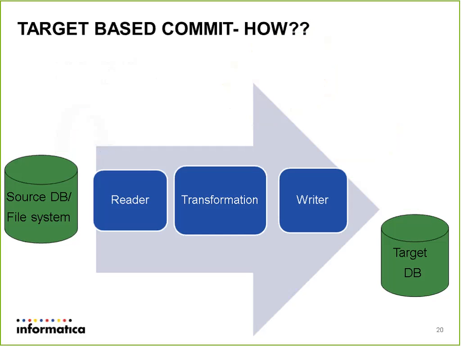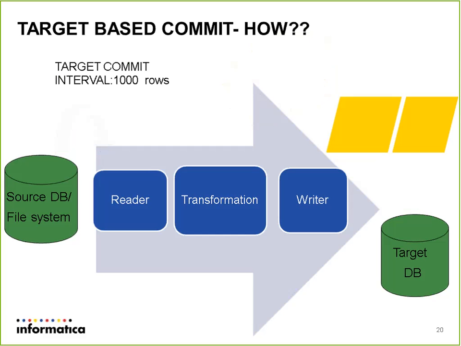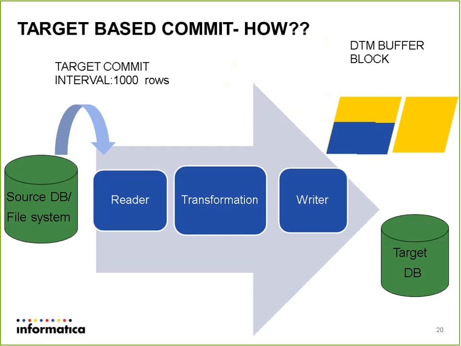Now, imagine the same session but another scenario. The session has been configured with a target-based commit of 1000 rows. When the integration service initializes a session, it allocates DTM buffer blocks. While running the session, imagine that the writer buffer fills before the commit interval.